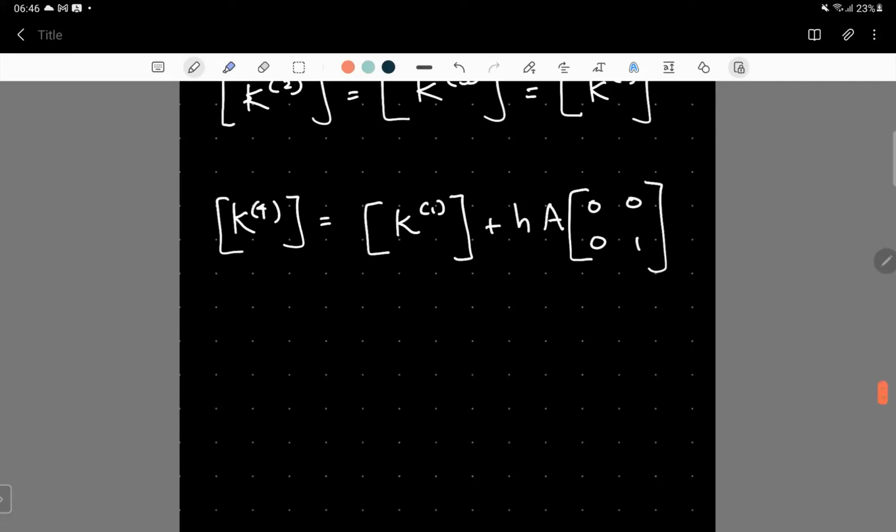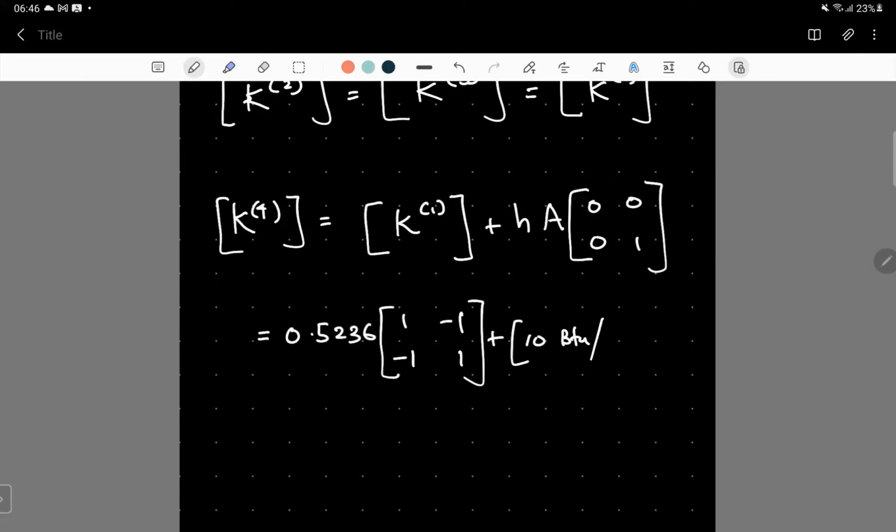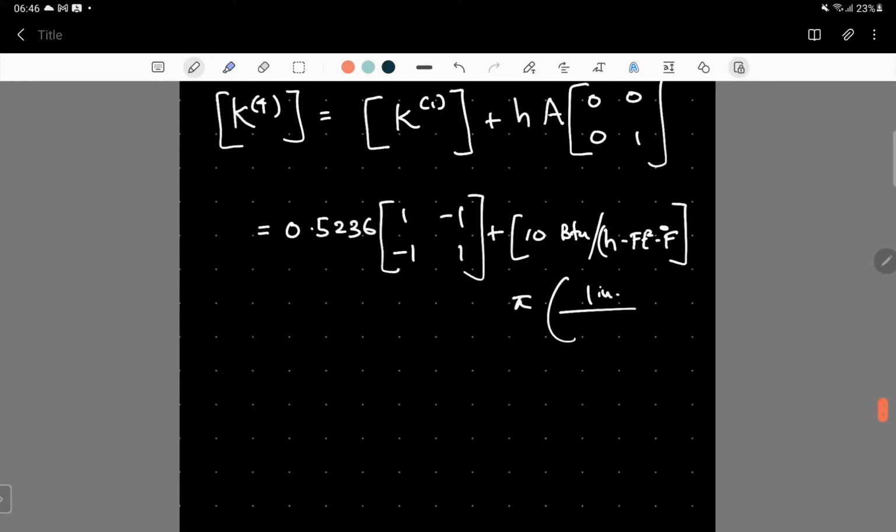So now we can directly substitute the numerical values. This is already calculated, and 10 British thermal units per hour feet squared per Fahrenheit degree is the heat transfer coefficient, multiplied by pi r squared, that is the area, where 1 inch is the radius, divided by 12 inches per foot squared, times the matrix 0, 0, 0, 1.